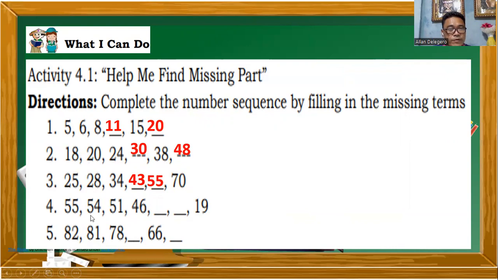For number 4, descending order, 39 and 30. For number 5, 73 and 57.